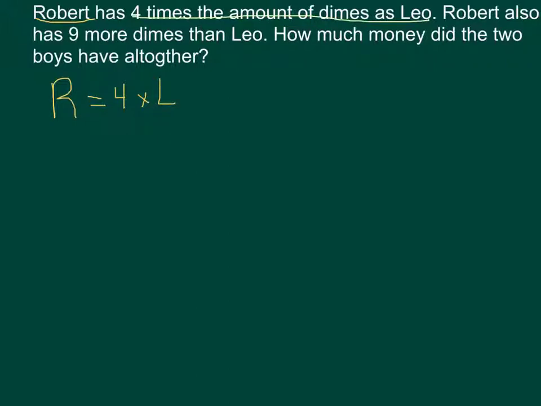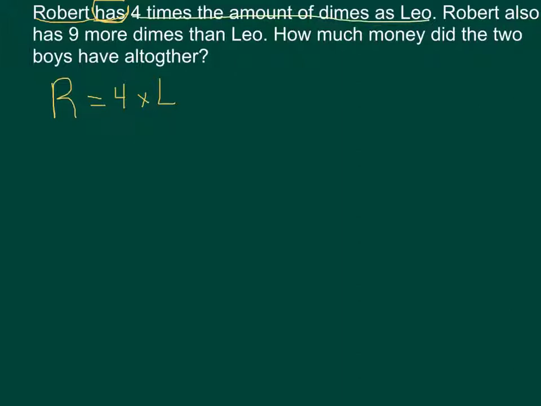We don't know how many dimes Leo has, but this word has gives you an idea that that should be an equal sign, because Robert's amount of money equals 4 times the amount as Leo.